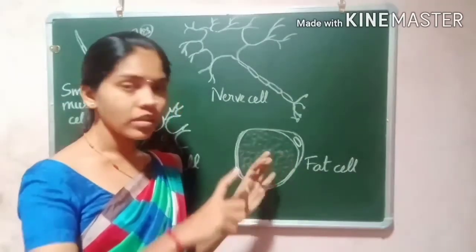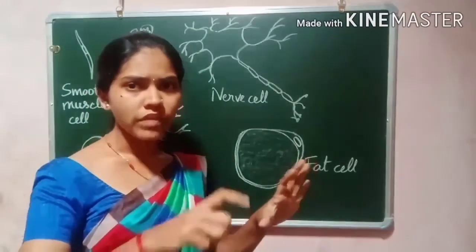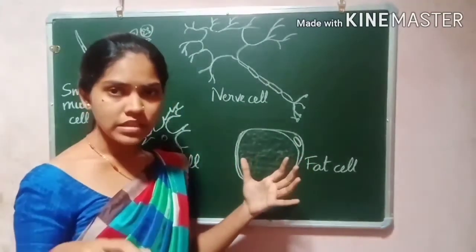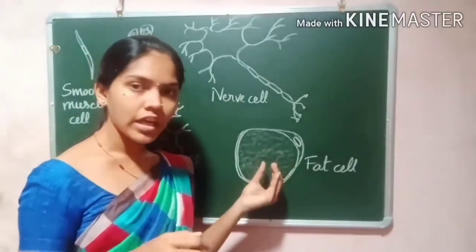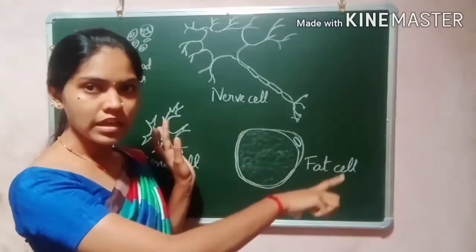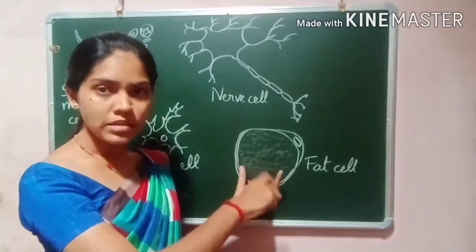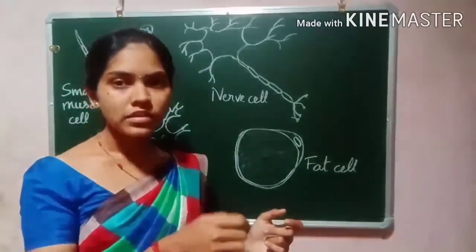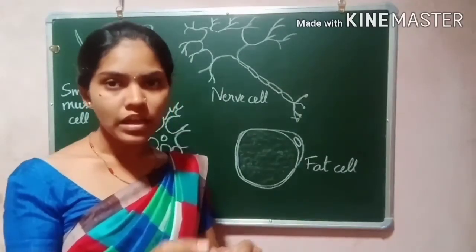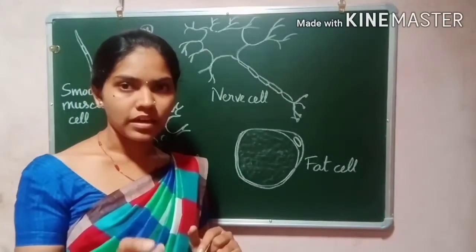So in the body structure we can observe various kinds of cells, but the cell organelles are similar, no matter which cell or which organism they are present in.